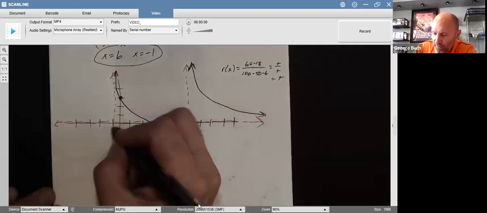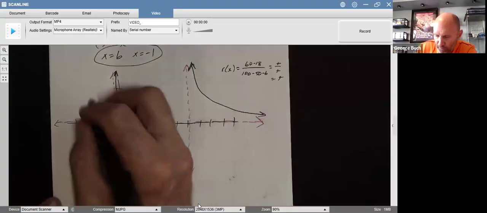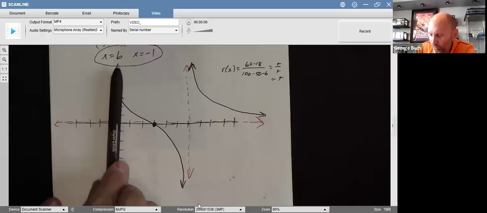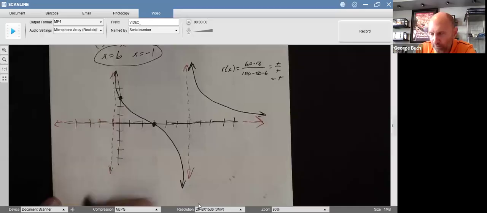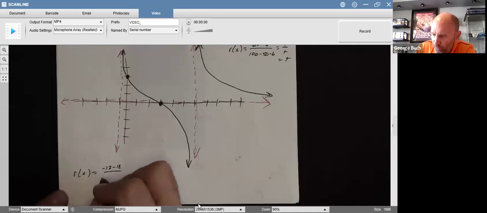And if I do the same thing here, let's try -2, right? Because that's after my vertical asymptote here. So if I try -2, r of x, so -2 times 6 is -12 minus 18. And then -2 squared is 4, minus 5 times -2 is plus 10, minus 6.